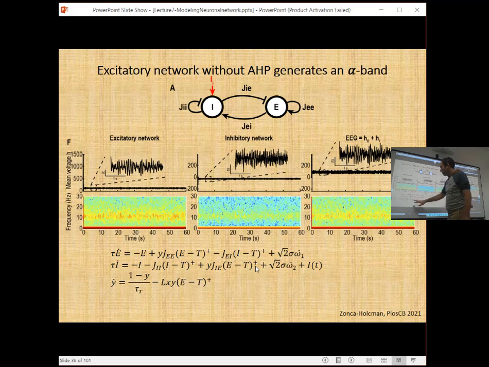I just wrote here the depression for the excitatory variable. This is the amount of connectivity that you give here to excite itself. It is inhibited with a certain level of connectivity. This is this JPI, and you can add noise.